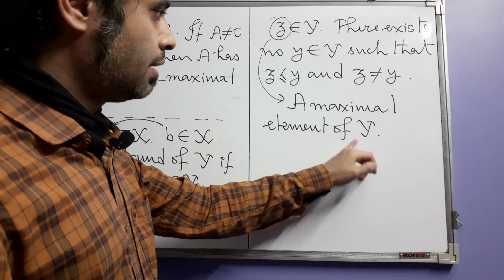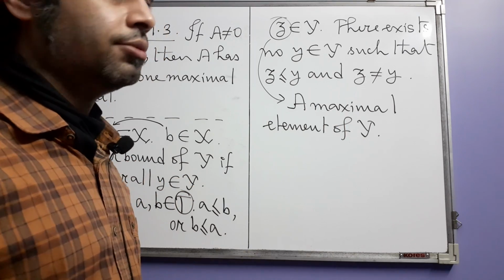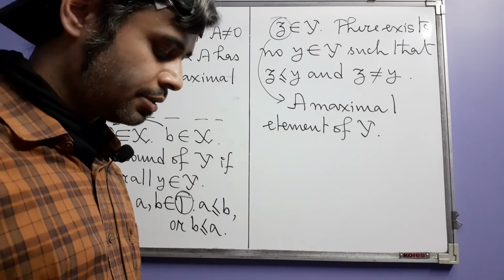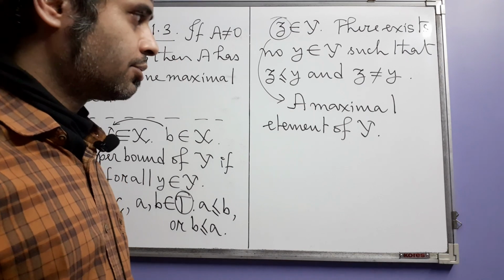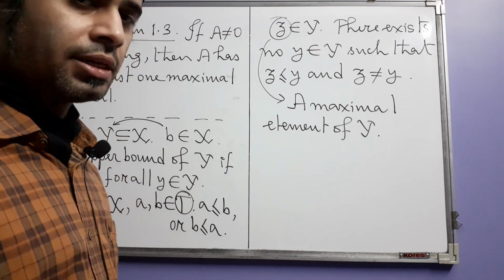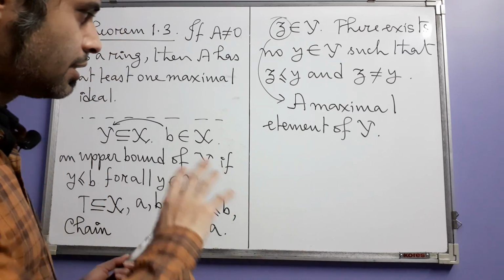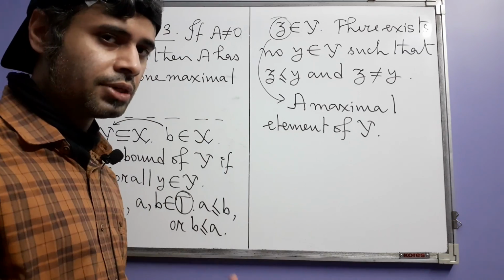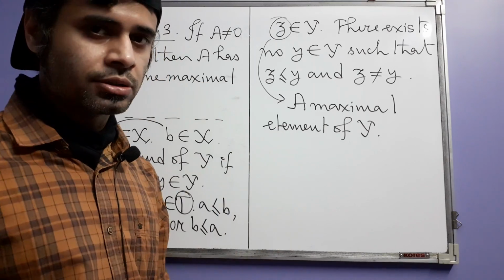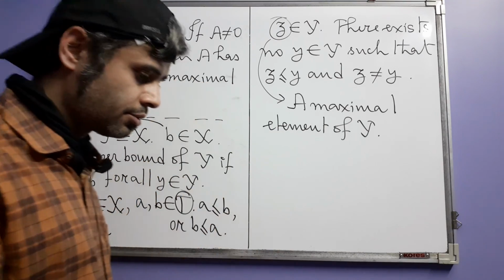However, a maximal element is not unique. You may have more than one maximal element. I don't want to drag it more than this. You probably already have seen these things here and there, so I just gathered them in one place. Now we can see the statement of Zorn's lemma. Okay, so here we go.